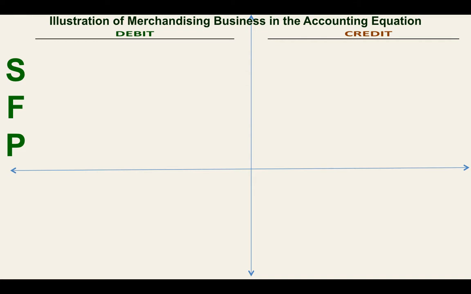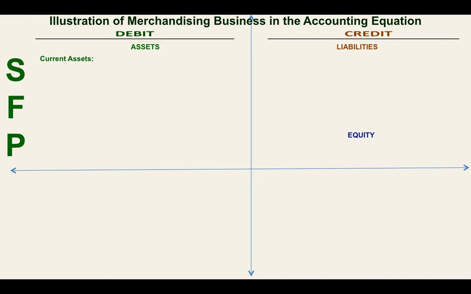If we will divide it into half, then you will have the statement of financial position on the upper part, and the statement of financial position will consist of assets, liabilities, and equity.